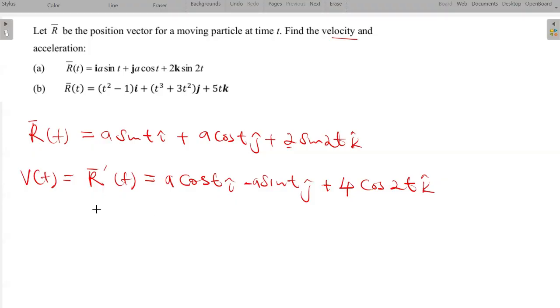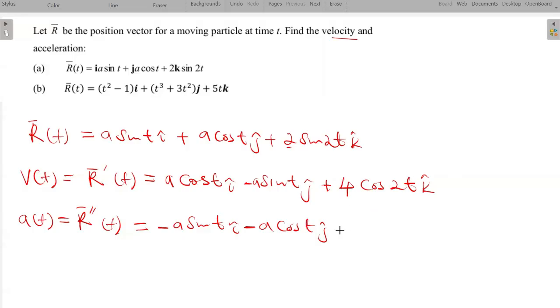So the acceleration, which we say a of t, is going to be, we differentiate this again, so we get r double prime of t. Now for the cos, I differentiate that and I get negative sine, this will be negative a sine t, the i component. Then for the sine, differentiate that, I get cos, so this will be negative a cos t, that's for the j component.